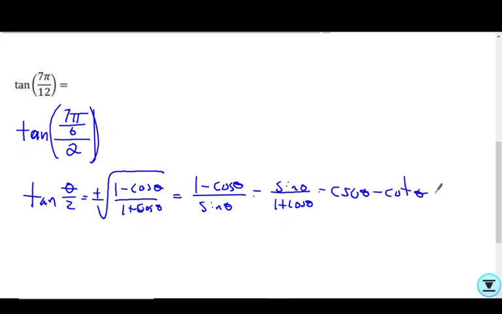You could use any one of these formulas. They are all equal. So use the one that you like best.